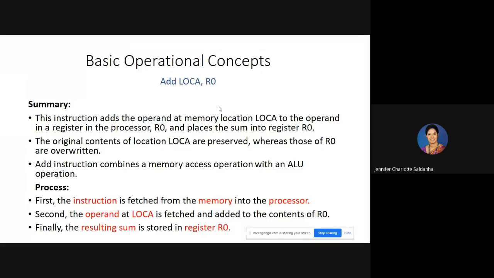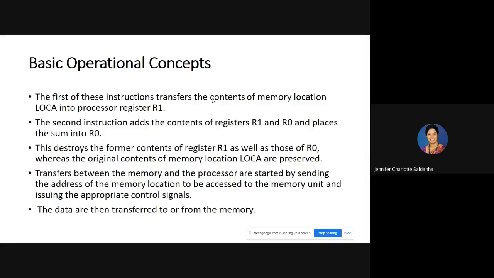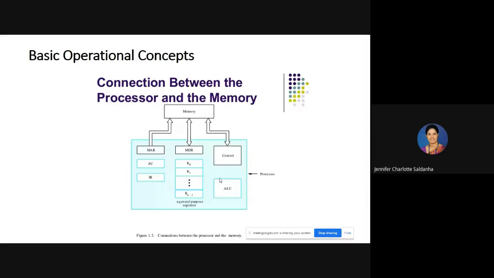Now, if you want the result to be stored in the memory, if the next instruction in the program is something like STORE LOCA, that means store the result of the previous operation into some memory location LOCA. So then what has to be done? The result of an arithmetic and logical operation is present in the ALU.